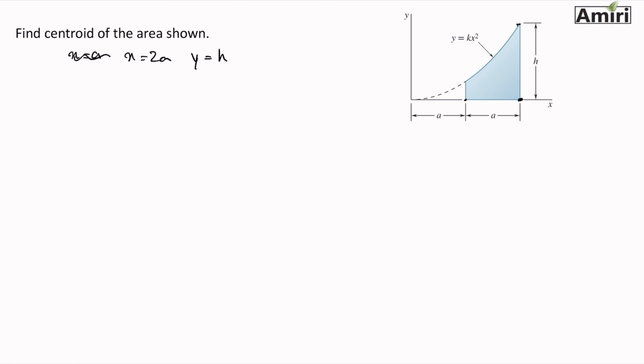So let's substitute these into y equals kx squared. So h equals k (2a) squared. Let me write it here better. h equals k 2a squared. There we go. As a result, k will be h over 4a squared.